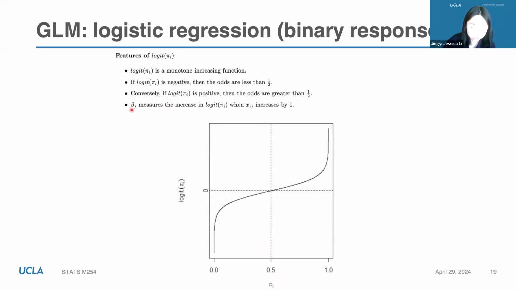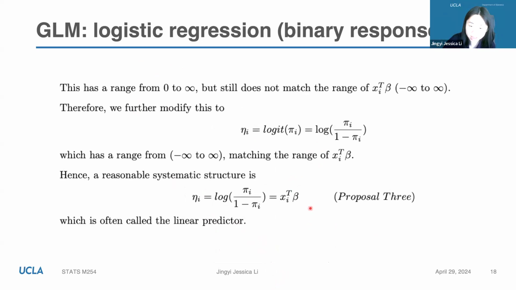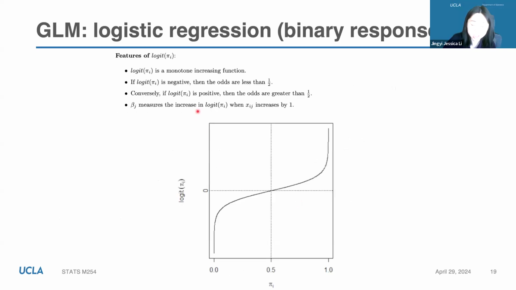Beta j, which is the jth element of beta, is the coefficient, or we can say the slope, of the jth predictor. Then beta j measures the increase in logit pi i when xij, the jth predictor value of observation i, increases by 1. So if this xi's jth predictor value increases by 1 in the given unit, then beta j measures how much the chance increases, but the chance is transformed into the logit.